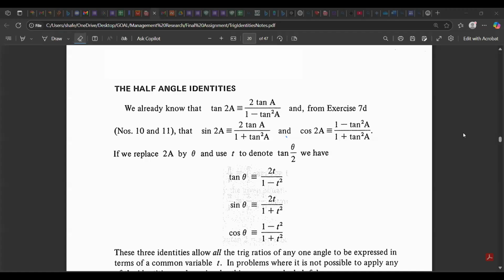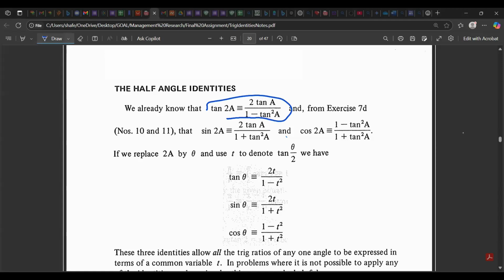Okay, so this is the last set of identities. These are referred to as the half angle identities. When we talked a little earlier about the double angle identity, we got this as one of them.